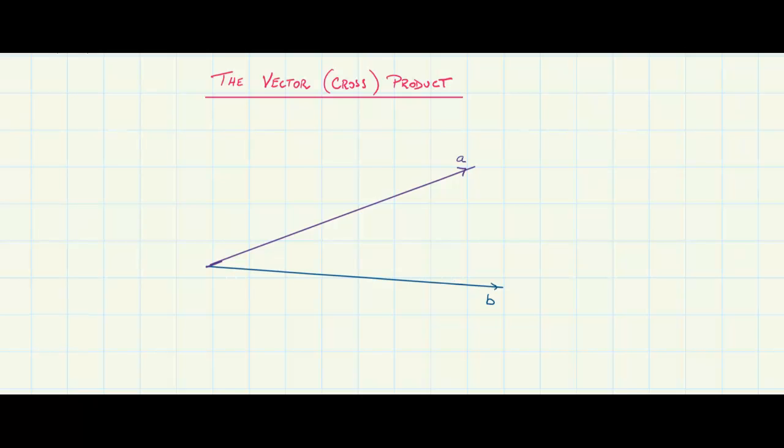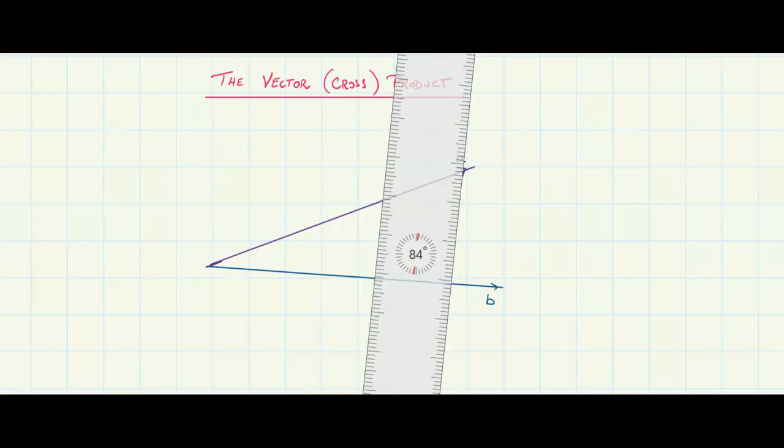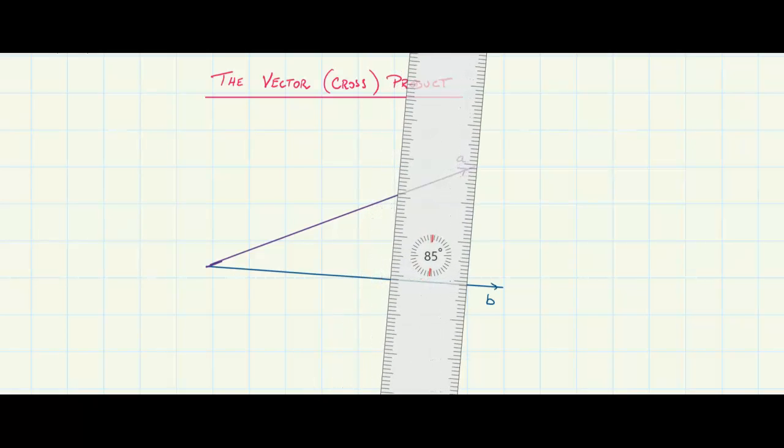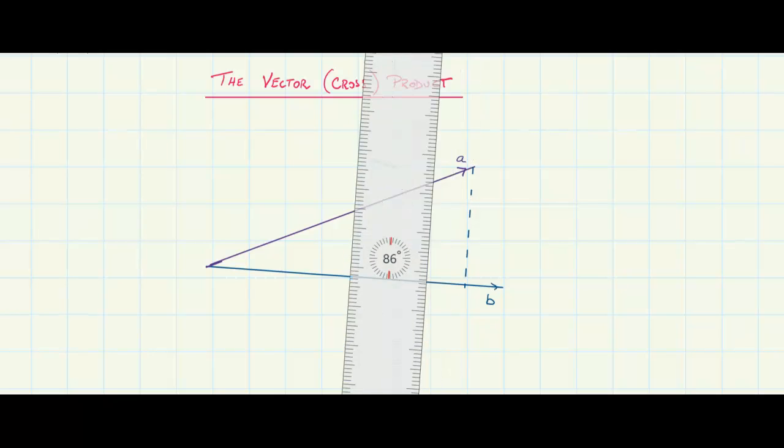So I'll get my ruler out and I will line this up so that we're getting a nice perpendicular line there. And okay, so what we have there is a projection that's 86 degrees.